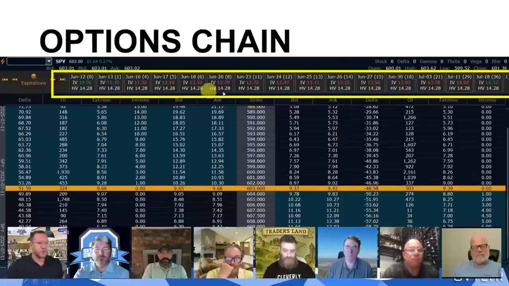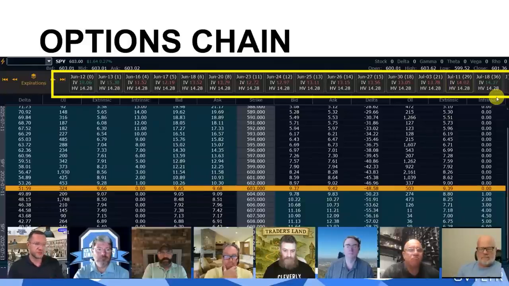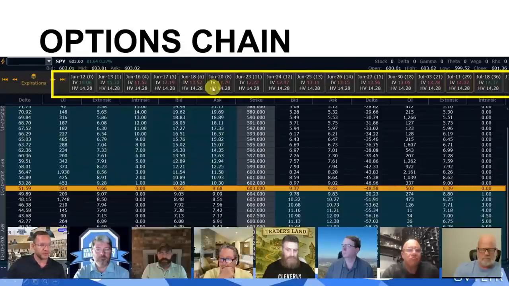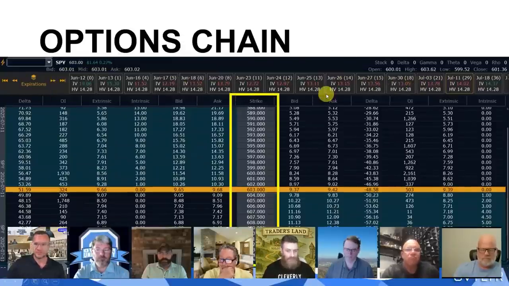There are so many expirations all the time. But there are some that only trade once a month. There's some that even trade only once a quarter, right? So depending on the stock, depending on the liquidity, depending on the excitement of that individual instrument, of that individual stock, it'll determine how many strikes there are, how many expirations there are, I should say.